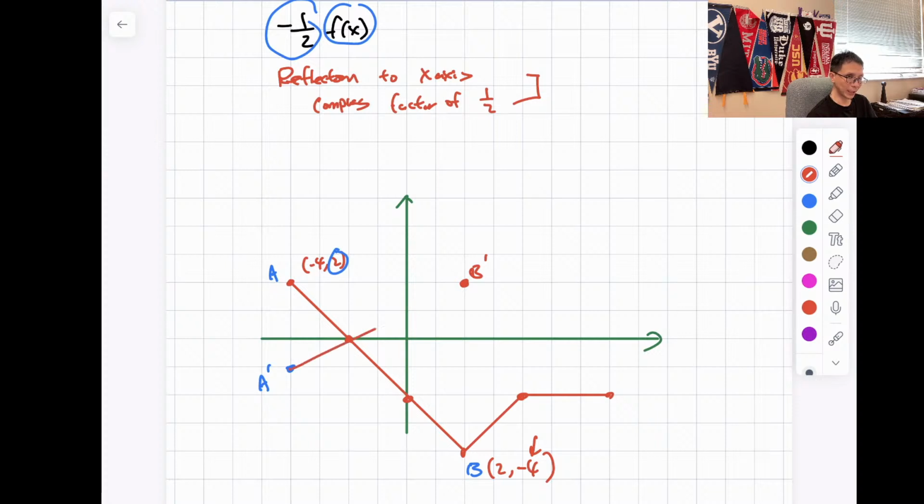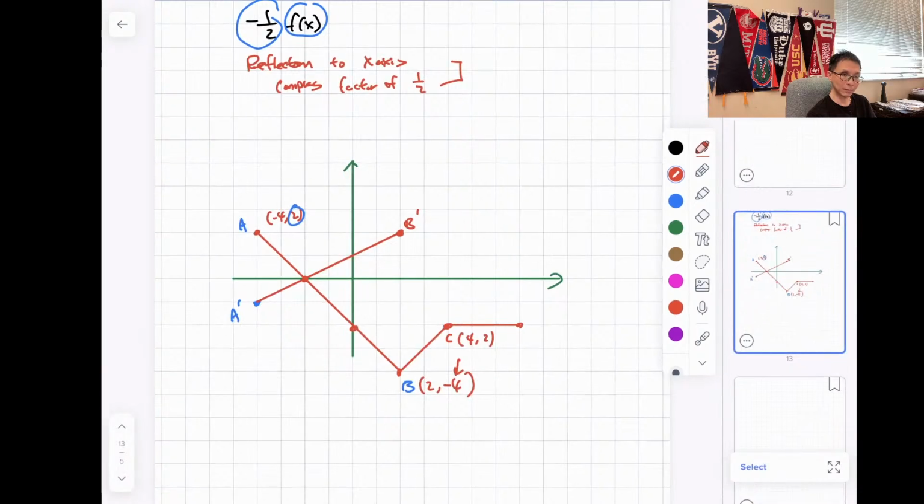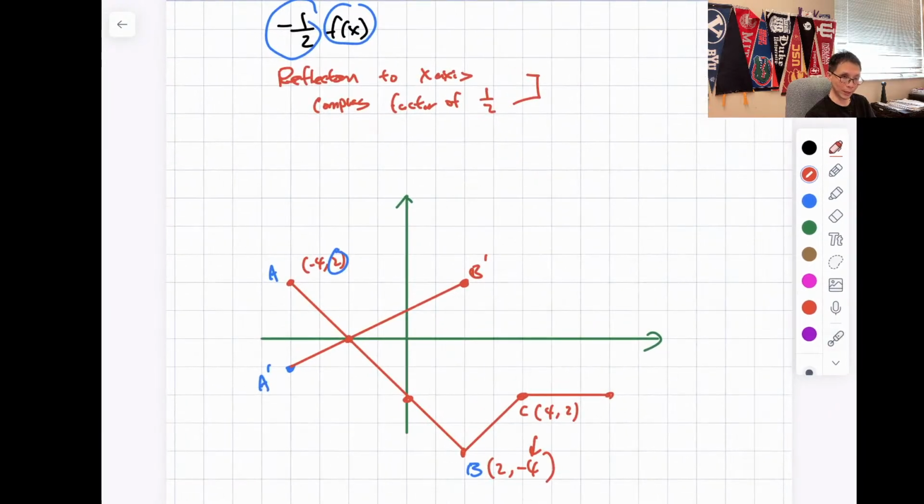So we're going to connect the dots. Now, how about this coordinate C? C is going to be 4, 2. What will the C prime be, Sydney? Can you explain again how you apply it? Okay. I take this y value, right?